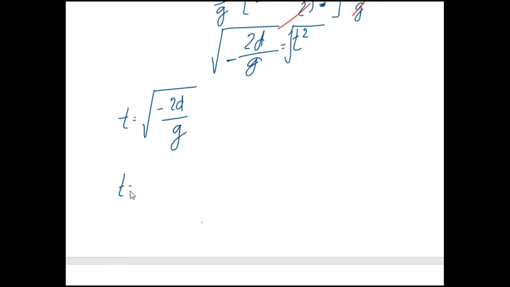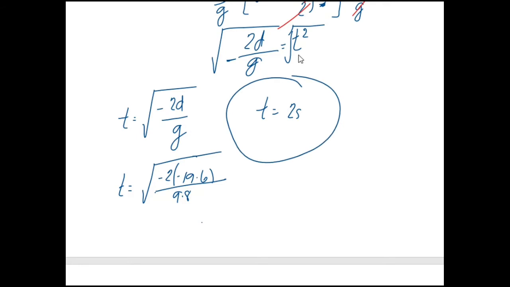So t equals the square root of negative 2 times, since the distance given is downward, negative 19.6, divided by 9.8. So our final answer for t equals 2 seconds. Okay, so that's the time needed for the object to reach the ground.